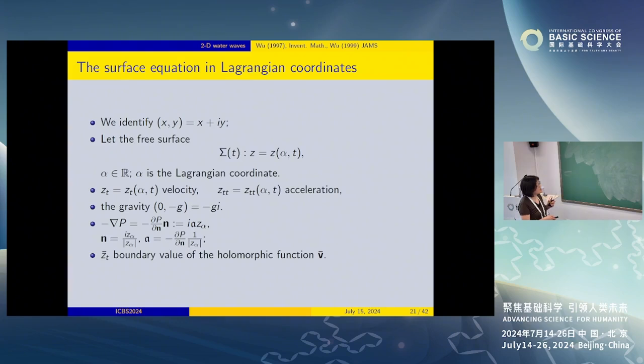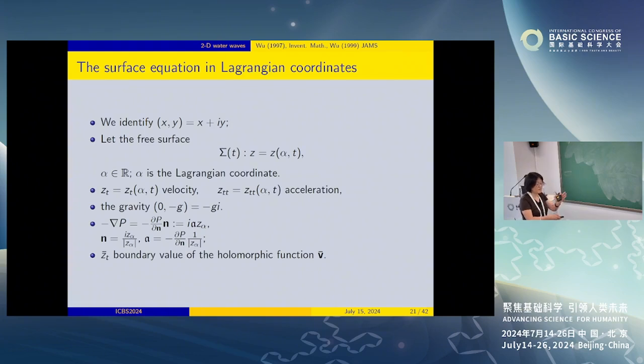Then the gradient p: because the pressure is 0 on the interface, the gradient p points in the normal direction, okay? Normal to the interface. You decompose according to the normal and the tangential direction, so only the normal direction survives, right? So negative dp/dn times n, where n is the normal. If the interface is z, taking the derivative in alpha, you get the tangential vector, right?